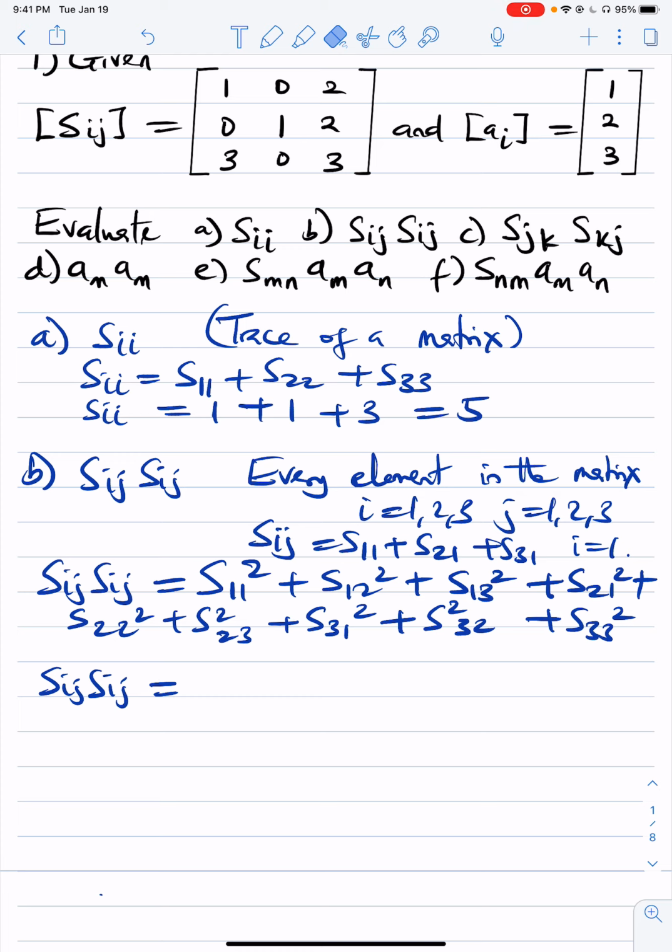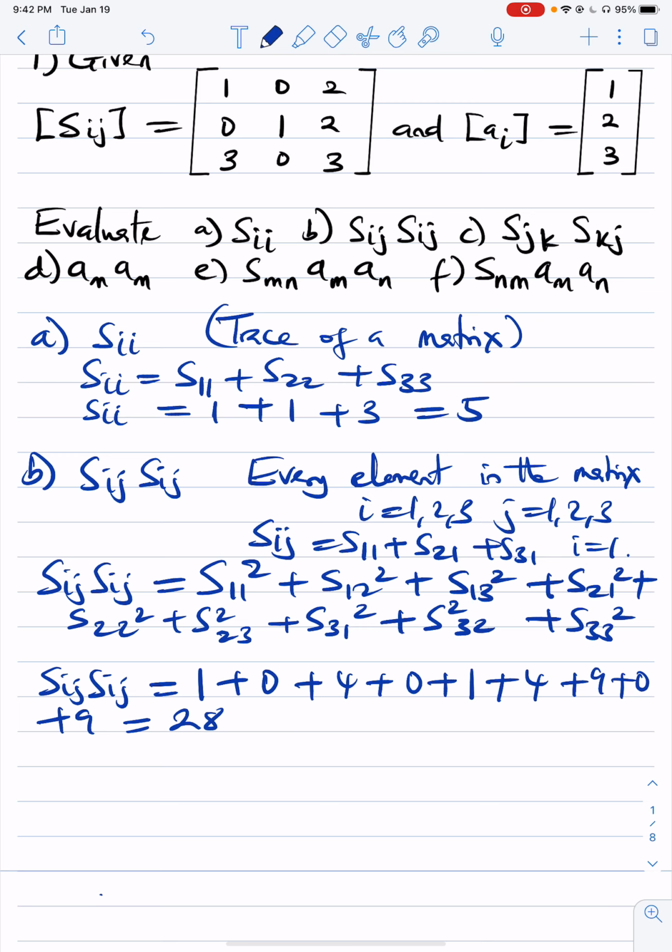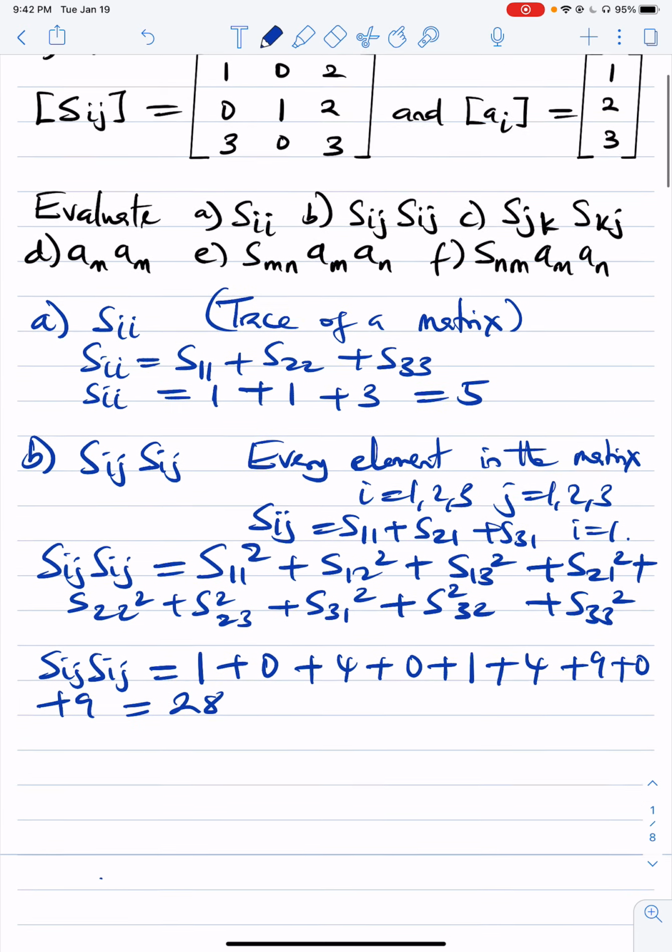So if you look at that, that should be 1 plus 1 squared is 1, plus 0, 2 squared is 4, 0, plus 1 plus 4 plus 9 plus 0 plus 9. So 1 plus 4 is 5, 5 plus 1 is 6, 6 plus 4 is 10, 10 plus 9 is 19, 19 plus 9 is 28. So that's what SijSij is.